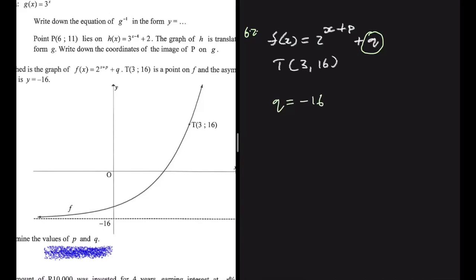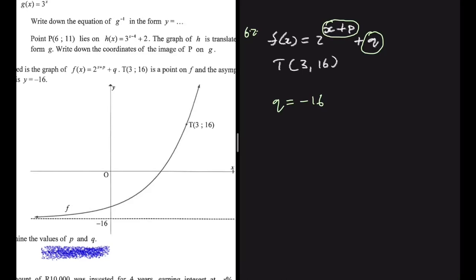Let me explain why I'm saying that q is equal to minus 16. That is because for any value of x we can substitute here, f of x will never be less than minus 16, right? You can see it from your function here, that for any value of x you substitute, f of x will never be less than minus 16.